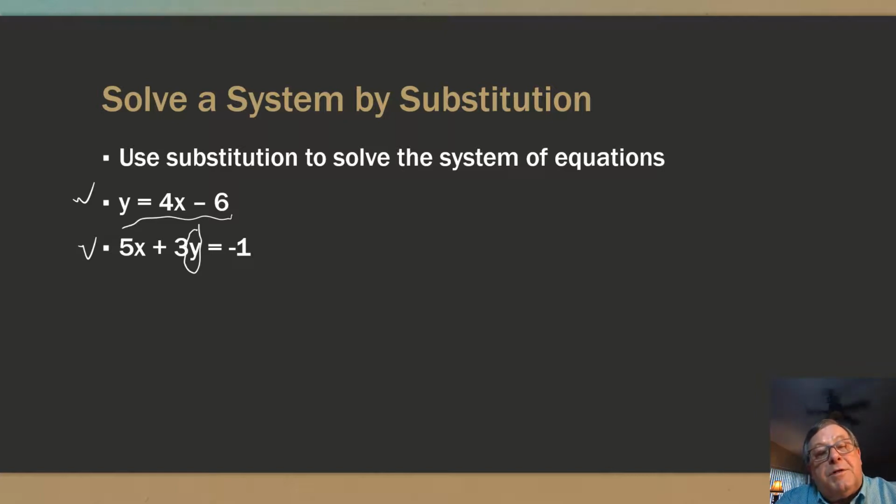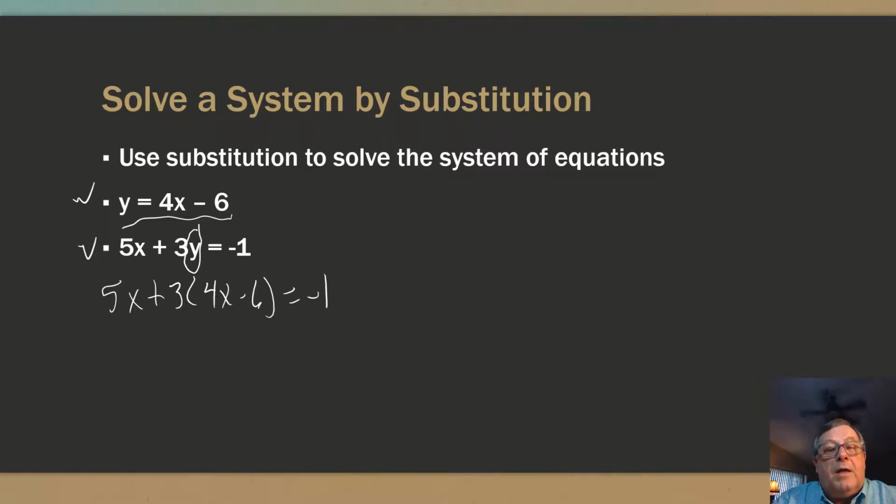So if I'm going to substitute the 4x minus 6 in for y into the second equation, then that would be 5x plus 3 times (4x minus 6) equals -1.